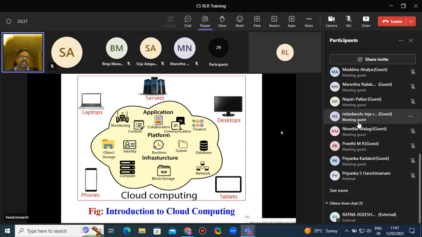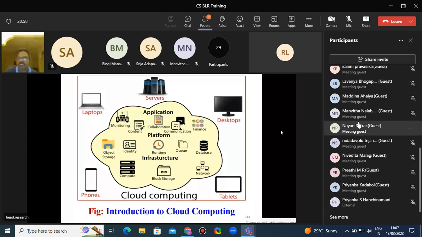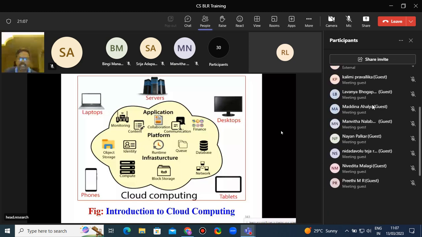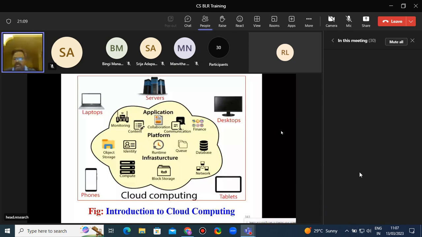These services are what we are monitoring here. Different types of services we are accessing with different gadgets like tablets, phones, laptops, servers. So that is called the cloud computing.